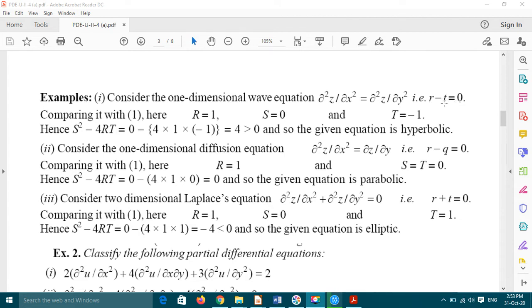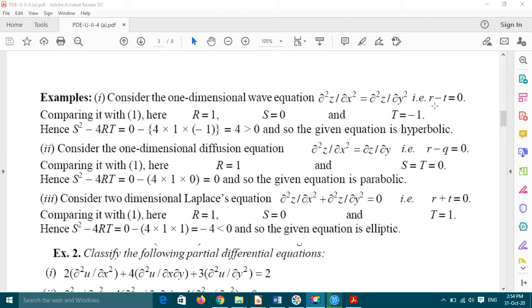Now we compare the given differential equation to the equation Rr + Ss + Tt + f(x, y, z, p, q) = 0. Then capital R is the coefficient of small r. So here the coefficient of small r is 1, so capital R is 1.